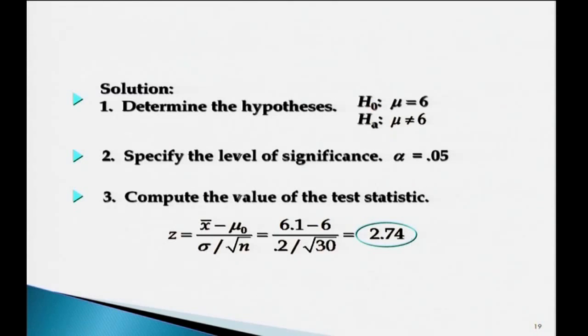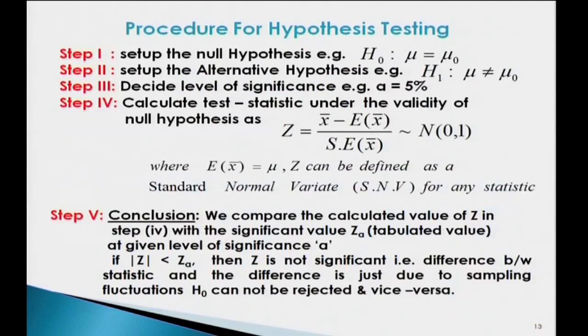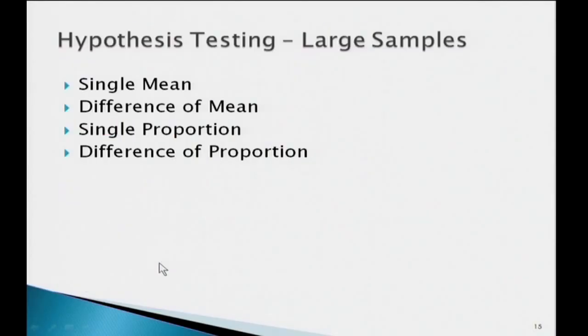So, since 2.76 is more than 1.96, just take the modulus, the absolute value, this 2.76 is more than 1.96. So, whenever your Z cal is more than Z tab, it means there is a significant difference.